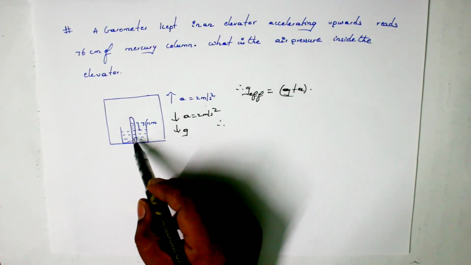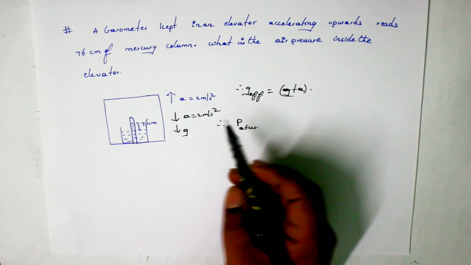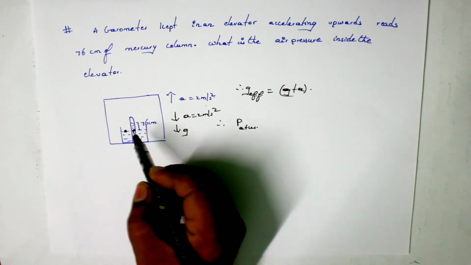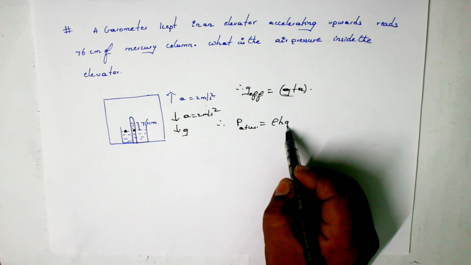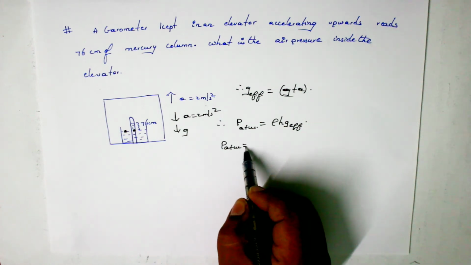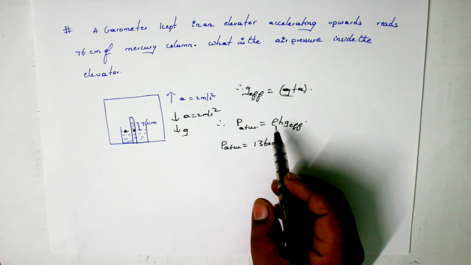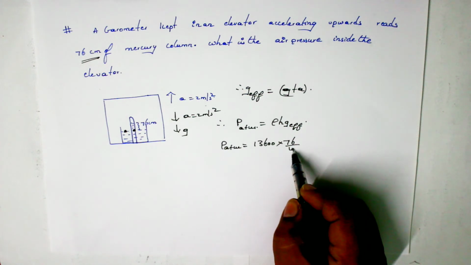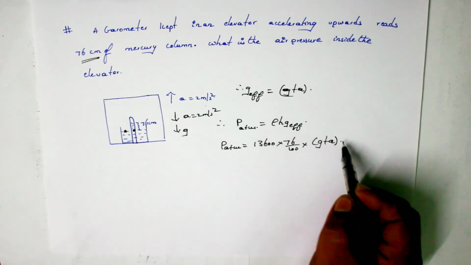Therefore, pressure due to liquid column we know how to measure. If I take here one point and here one point, and these two points are at the same level, then P atmospheric should be equal to rho H into G effective. So P atmospheric is equal to density of mercury, which is 13,600, times height, which is given as 76 centimeters, so 76 by 100, and G value is G plus A in this condition.